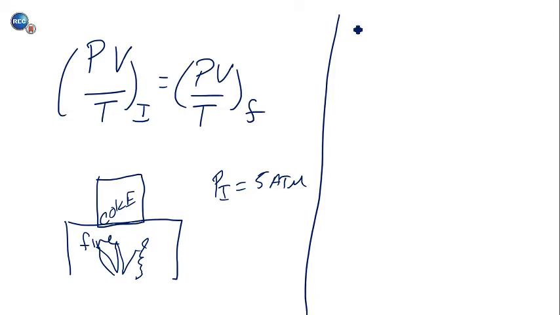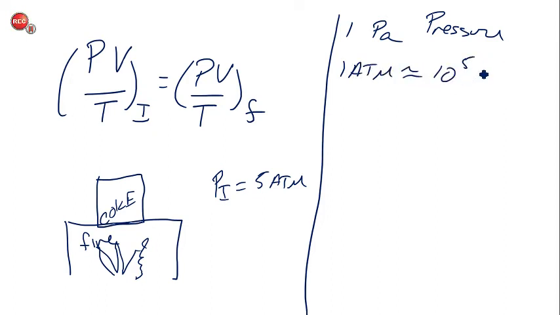Right. So we're going to, off to the side here, define some units. We define Pascal. So we have 1 atmosphere is 10 to the 5 Pascal. It's like 1.013 times 10 to the 5.